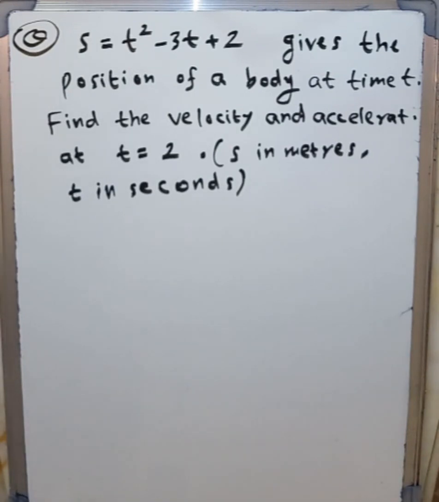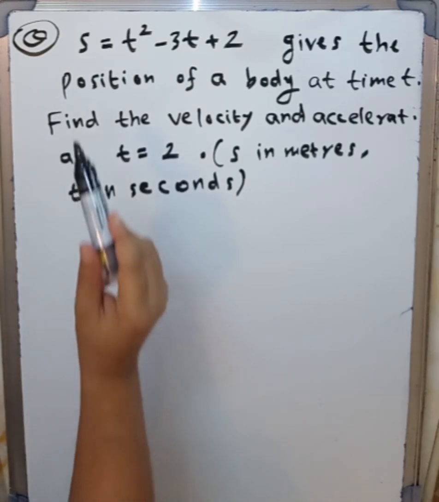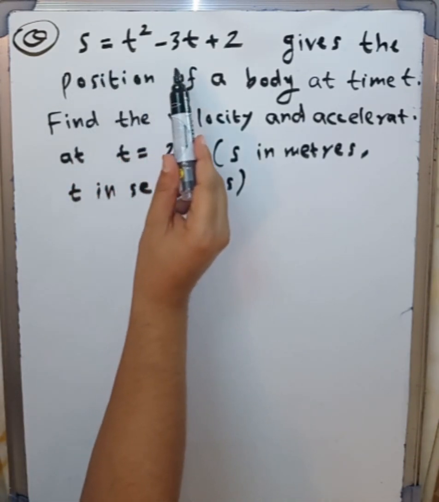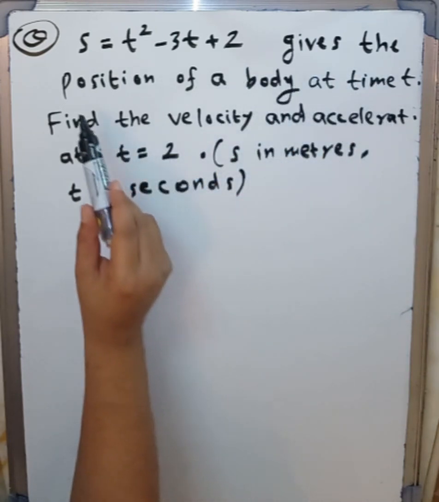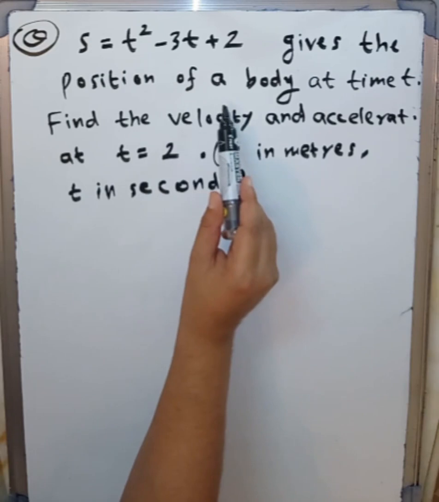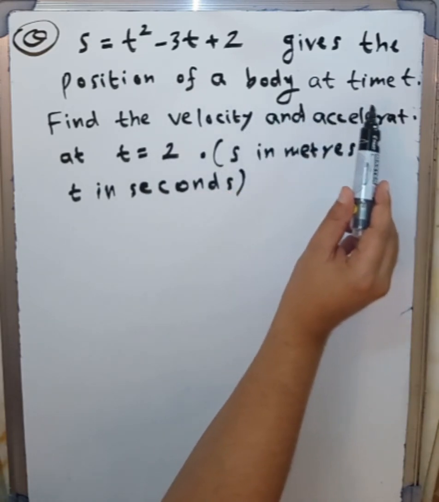So let us solve a question now. I have already written the question. S equal to t square minus 3t plus 2 gives the position of a body at time t.